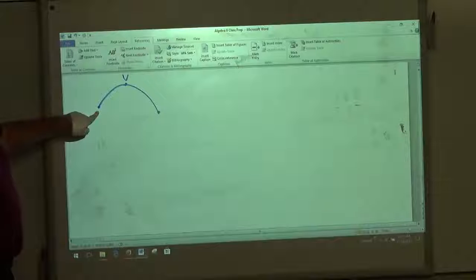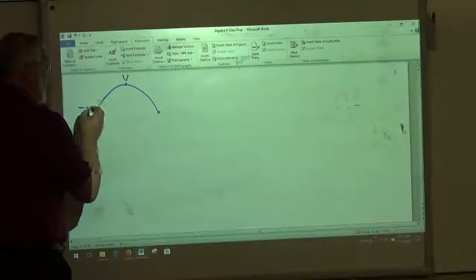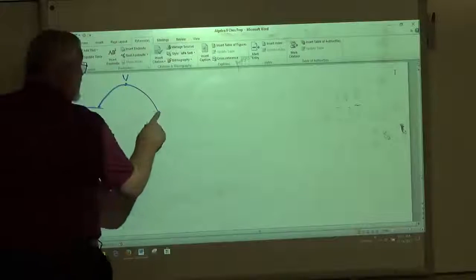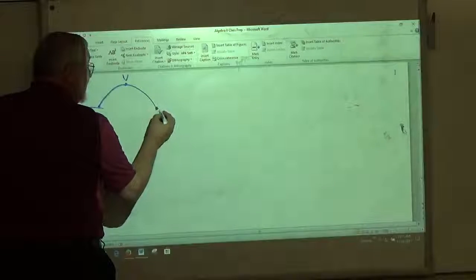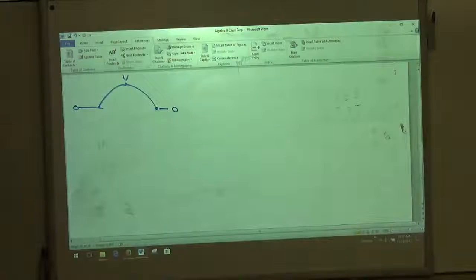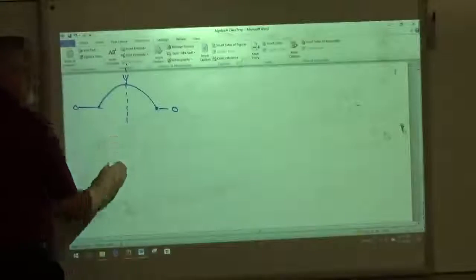This is the start, and so its elevation is usually 0. And this is the end when it hits the ground, whose elevation is 0. The vertex is located on what line? The axis of symmetry.